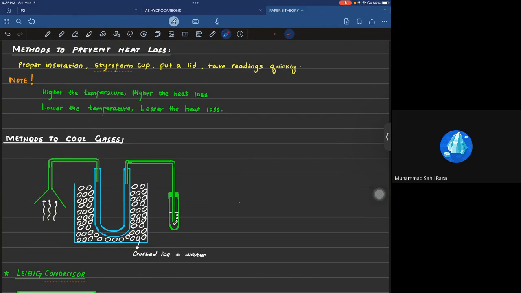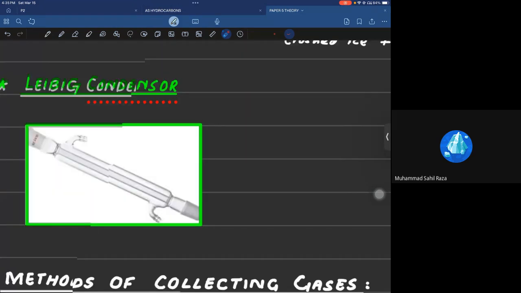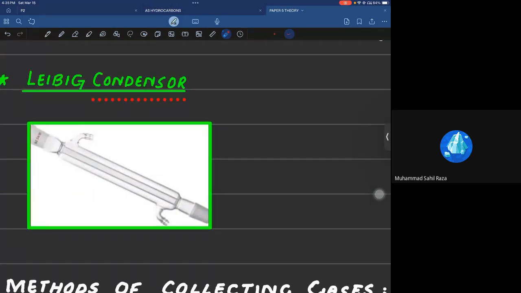Another way to cool gas is to use a Liebig condenser. It's a very famous instrument if you have ever seen it in your previous classes. It's a condenser in which we enter water from the lower side, and this is your water out. Why are we doing this?